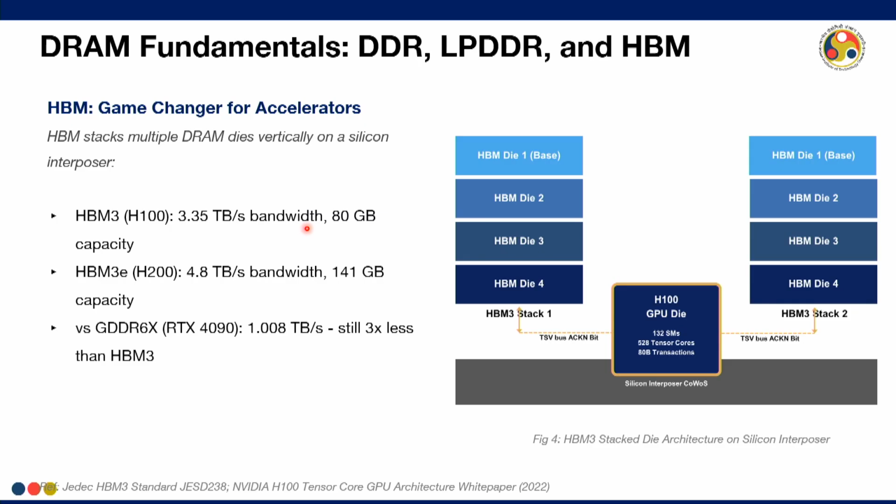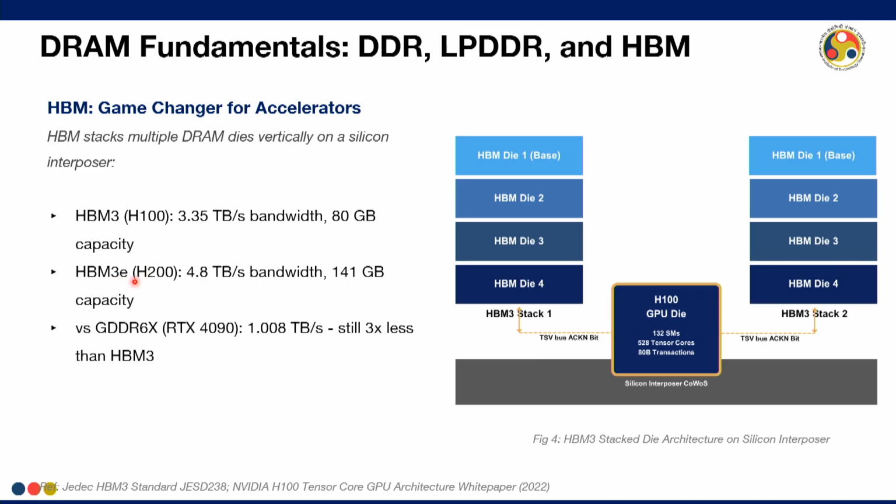So in place of 800 GB per second, now you have 3350 GB per second. That is around 4 times more bandwidth using HBM technology. Obviously the capacity does not matter here, the bandwidth matters: how fast we can transfer the data.